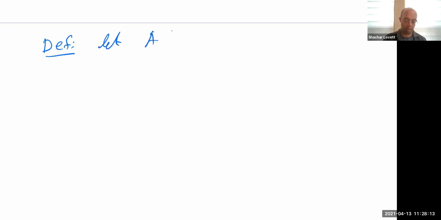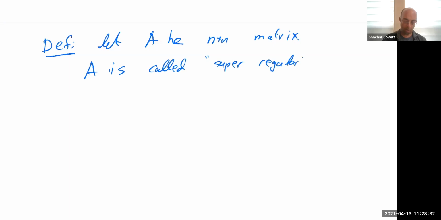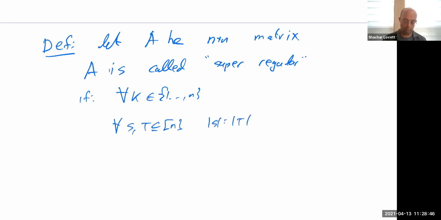So let A be an n by n matrix. We say A is called super regular if the following is true for any k between 1 and n, and any two sets S, T in [n] of size k.